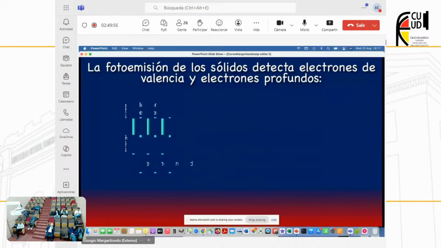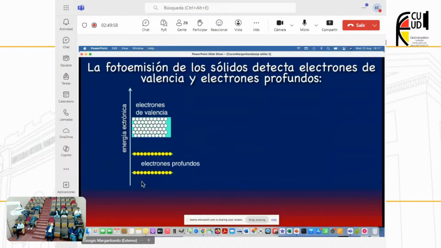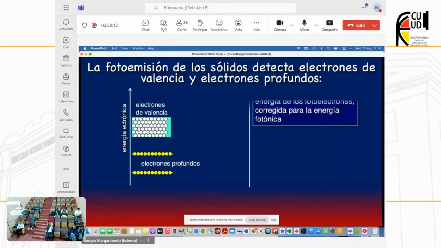Suppose that you take, once again, the electrons in the core levels and in the valence band of a given solid. And now you take the photoelectric effect and you are extracting electrons from these states. So you can see where the electrons are. Here, this is the energy already corrected for the energy of the photon, as we just explained.